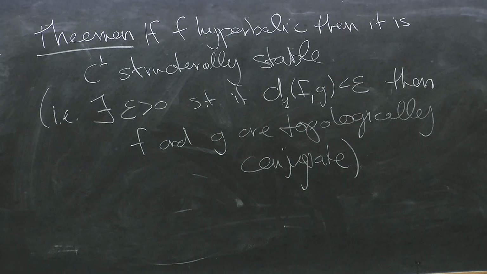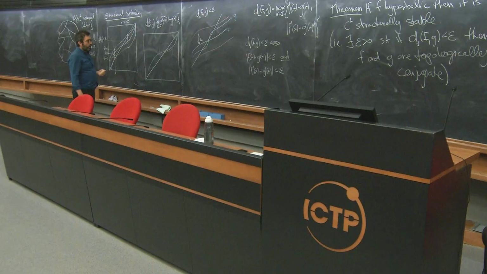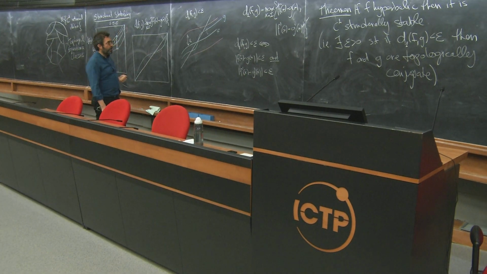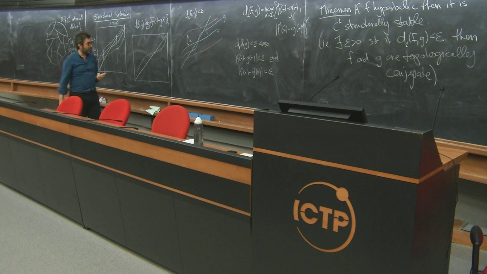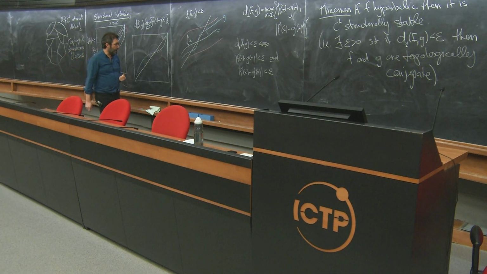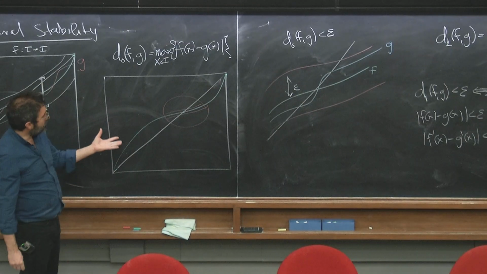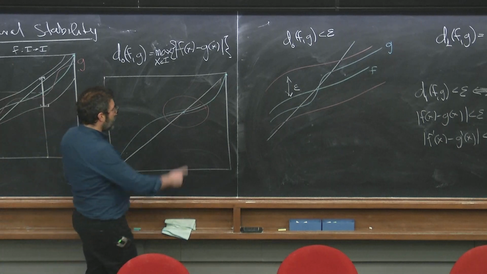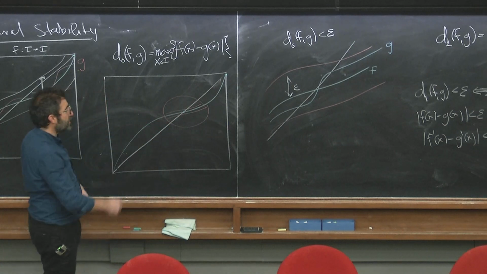Okay, so we just have 3 minutes left, so I will just say a few words that the proof of the structural stability is actually fairly straightforward. Let's take this case here, which is representative, because in the general case, if F is hyperbolic, it will have a finite number of fixed points.